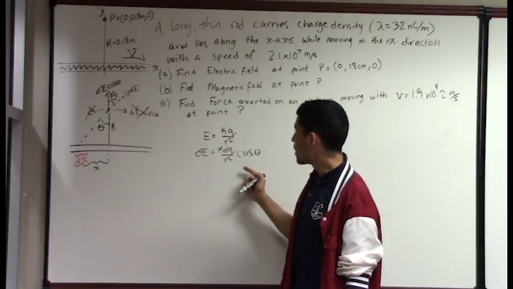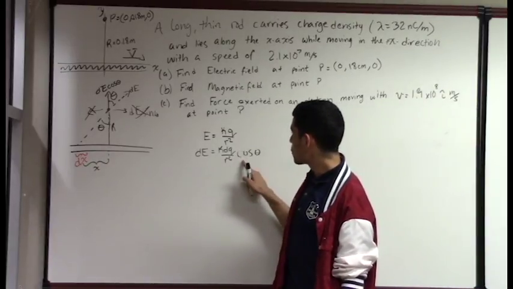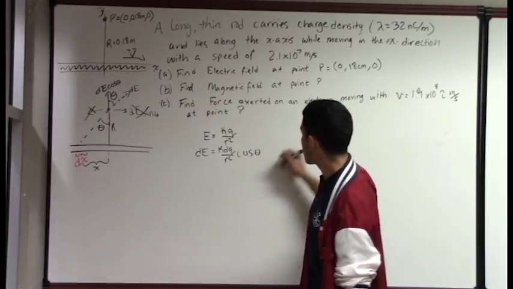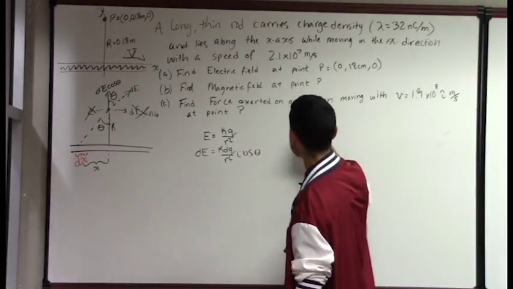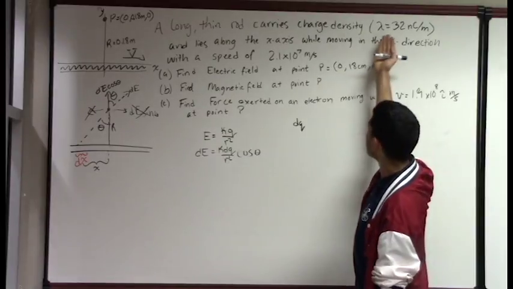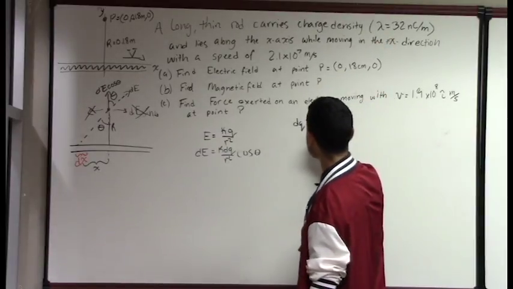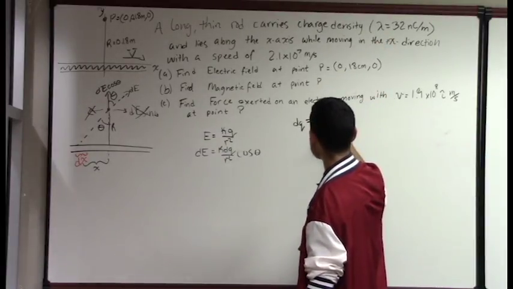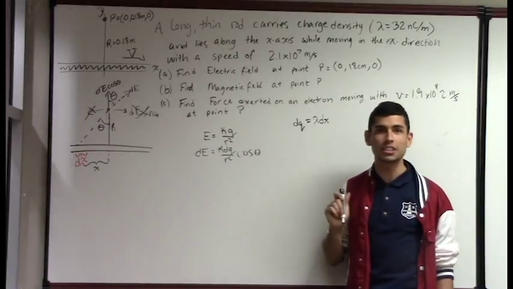We can then replace some variables such as dq to get terms that we know, like lambda, by setting dq equal to lambda dx, which is from our linear charge density equation.